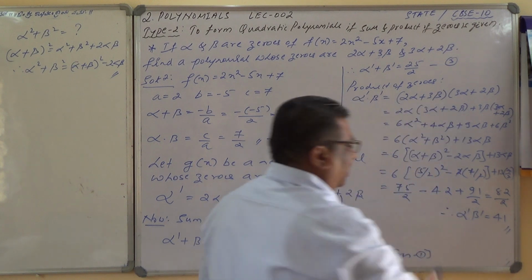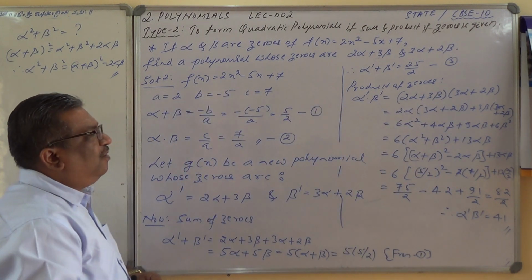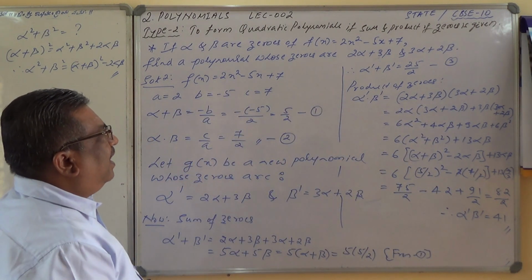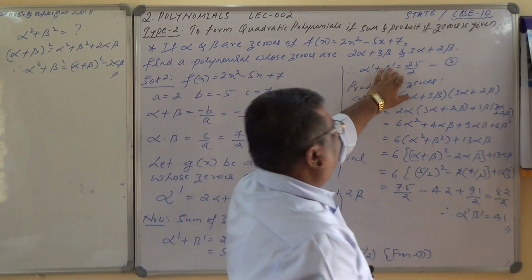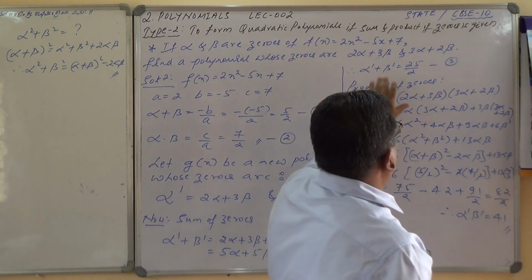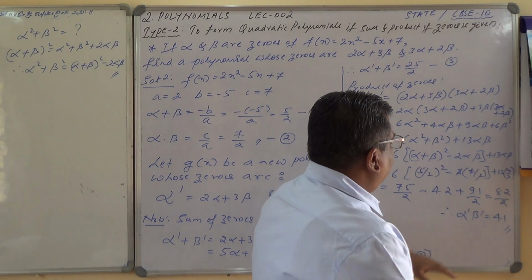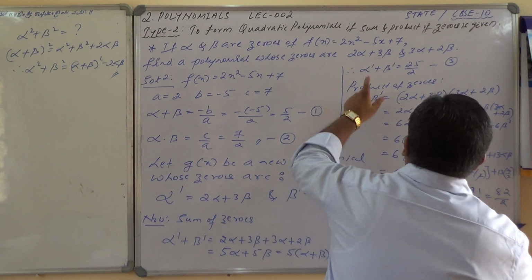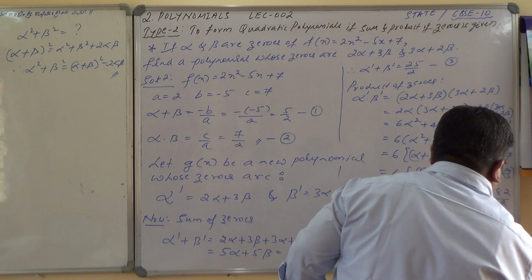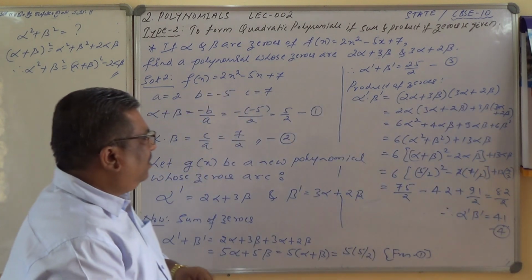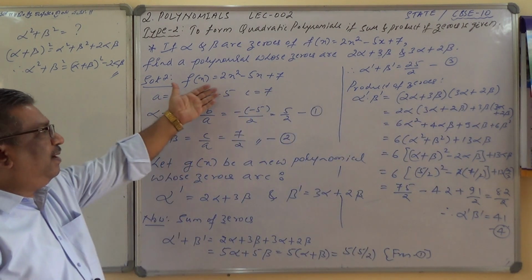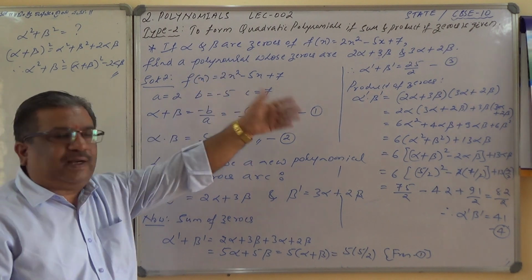Let me check this one. So what did I do here? It is correct. I got alpha dash plus beta dash as 25 by 2, and alpha dash into beta dash is 41, and mark this as 4 here. You understood? So we were not able to split the middle term and therefore we got it like this.